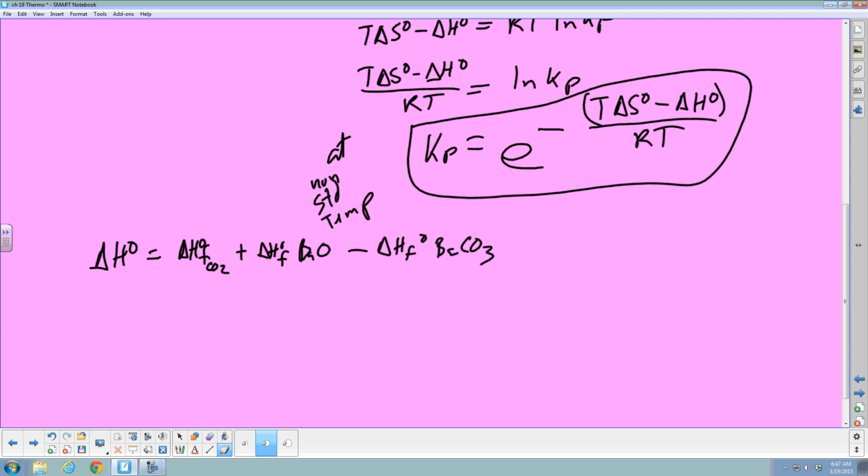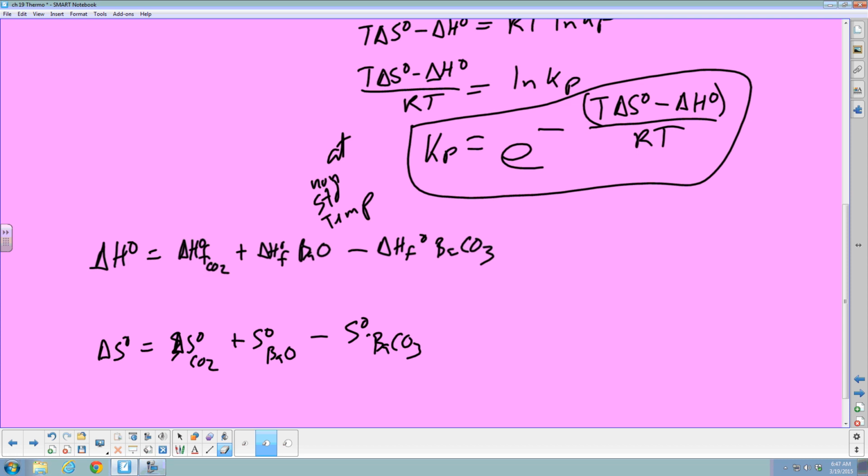And then I need to do the same thing for my delta S, which is equal to the S prime of CO2 plus the S prime of BaO minus the S prime of my barium carbonate. Let's run some numbers. I happen to have those numbers here.